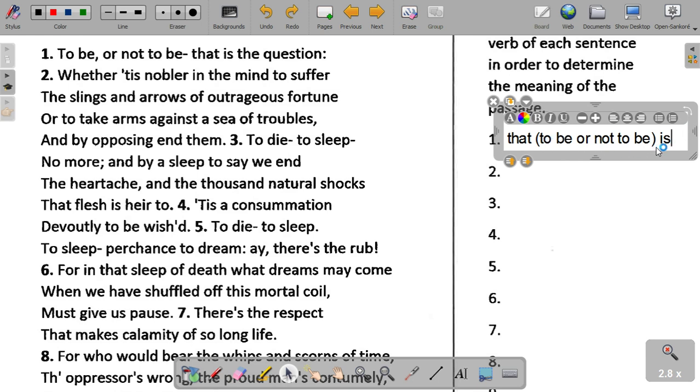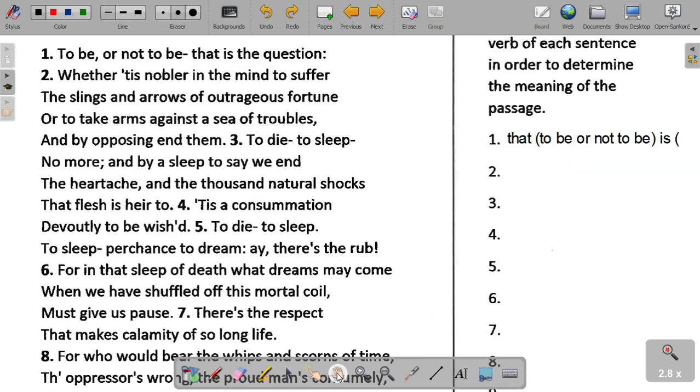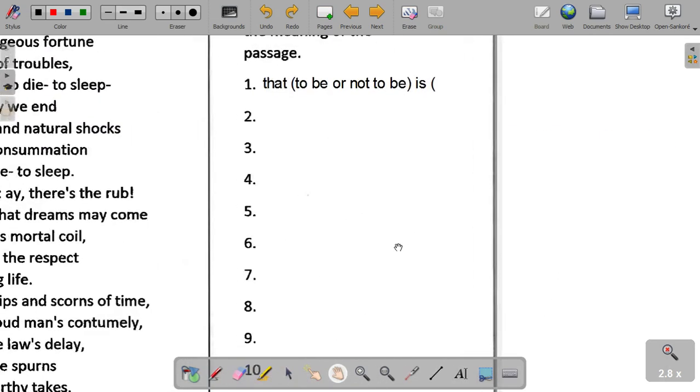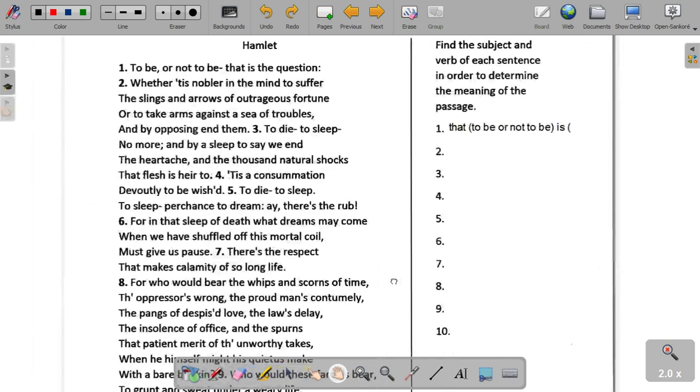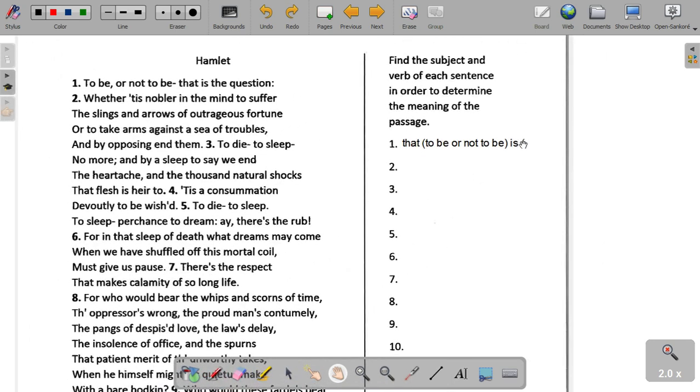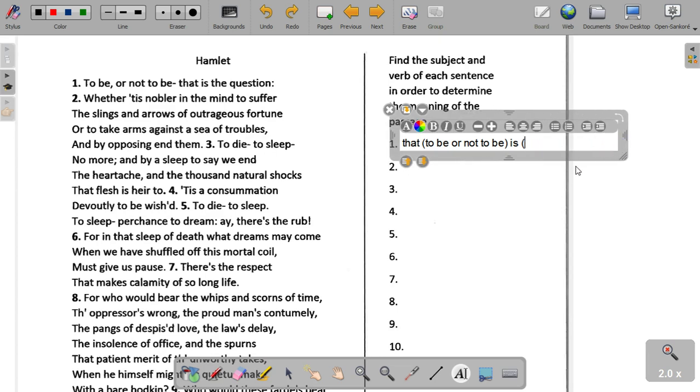To be or not to be is, and then the question in this case, let me make this a little bit smaller so that it's easy to see. To be or not to be is, and then question would be the object here. So that's the first sentence structure. So that helps out a little bit.